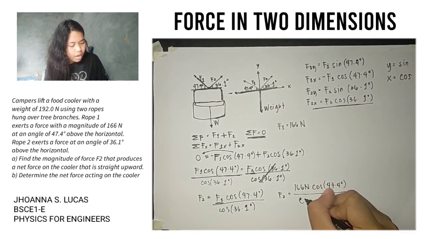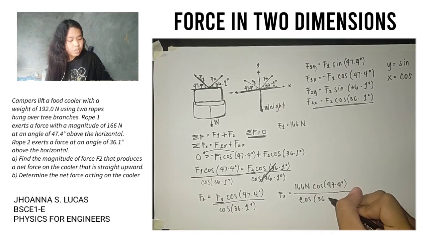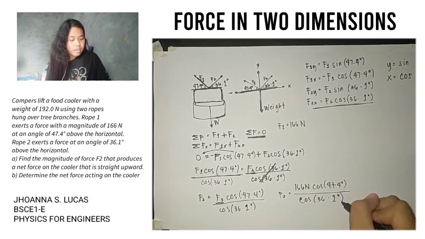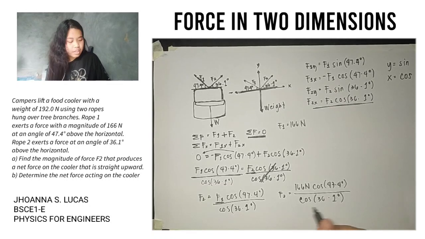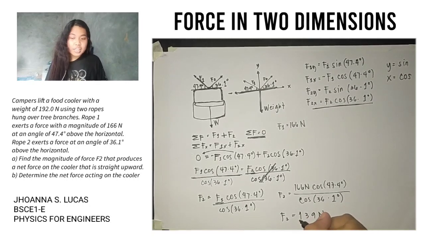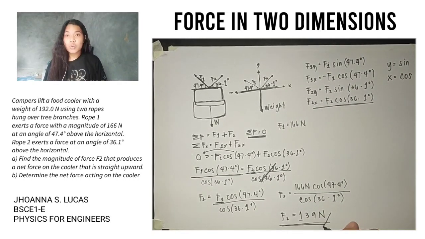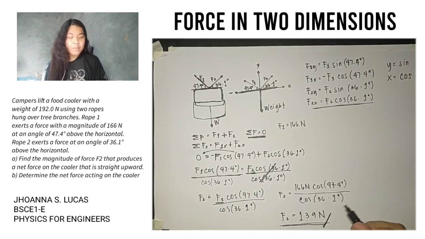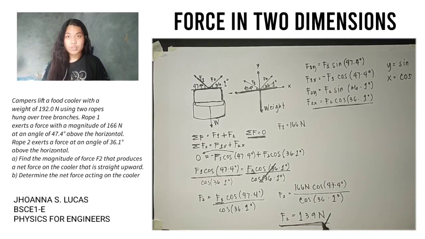Calculating this, we will get 139 Newton. So our F sub 2 is 139 Newton. The magnitude of the force F sub 2 is 139 Newton.